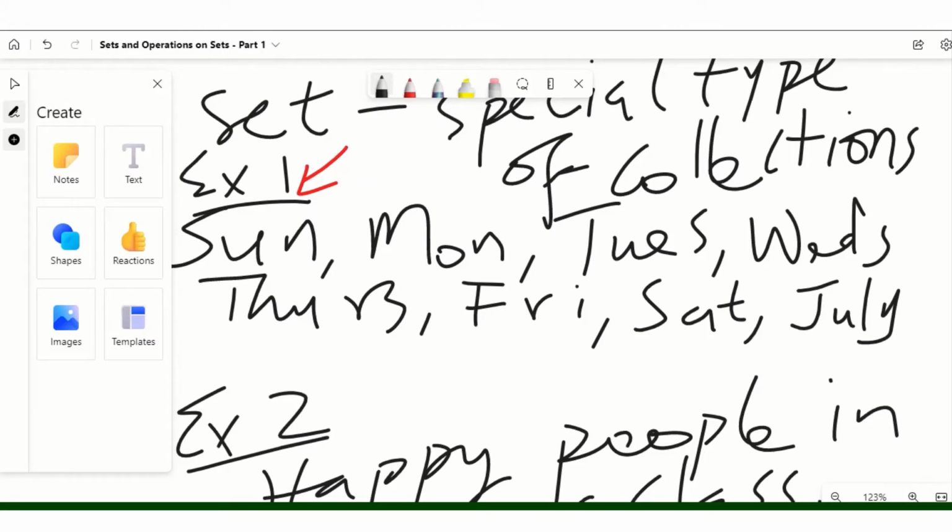It's just a collection. It's no longer a set, because the objects are not of the same kind. Sunday through Saturday are of the same kind, but July is not of the same kind with these 7. So the presence of July changes the character of this collection. It's no longer a set because July is a month, it is not a day of the week.